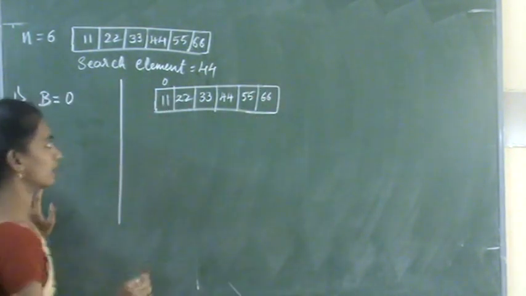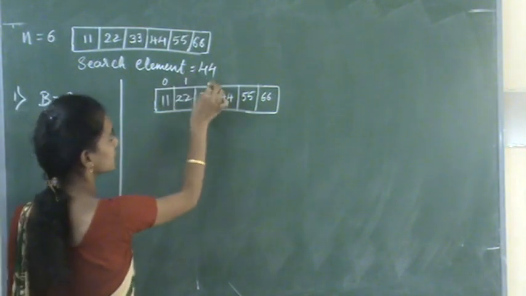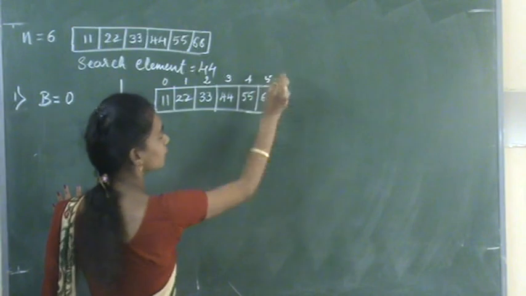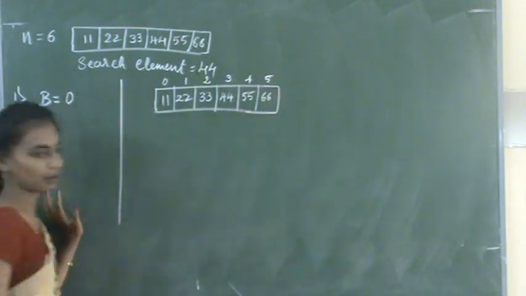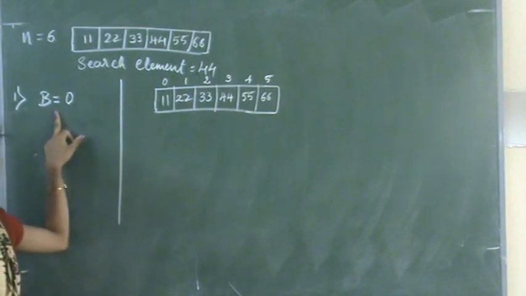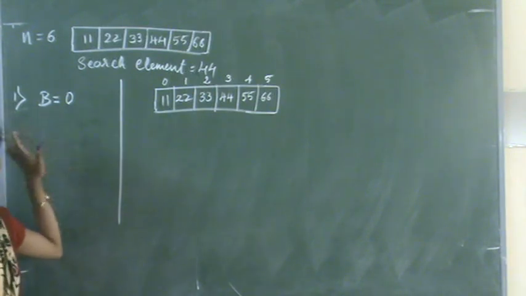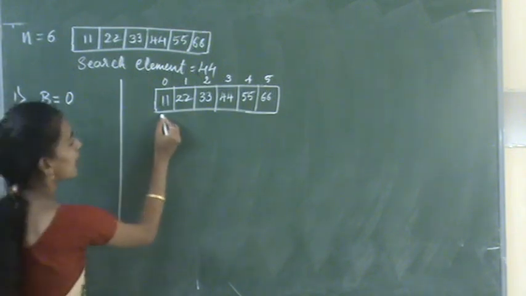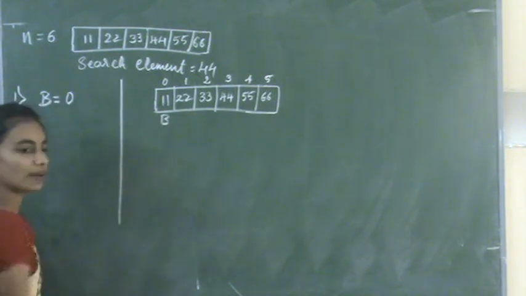So this is the array, we have the indices 0, 1, 2, 3, 4 and 5. So we are initializing the beginning to 0. This is the first step in the algorithm.